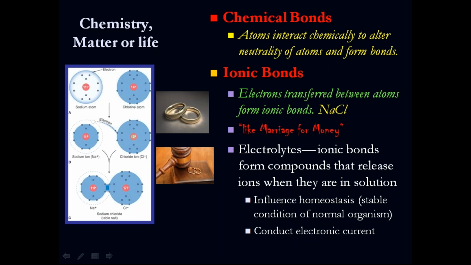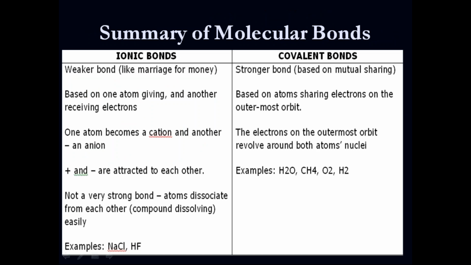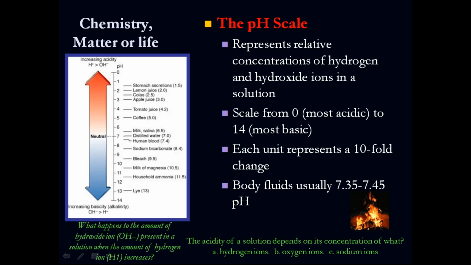Okay, so the chemical bonds are the ionic and the covalent, and the covalent are more stable than the ionic, right? Who are covalent? The covalent are going to be mostly all organic components. Covalent is going to be fatty acids, for example.